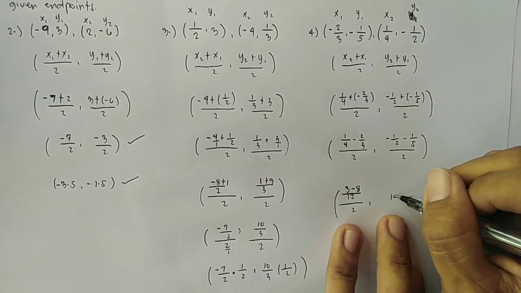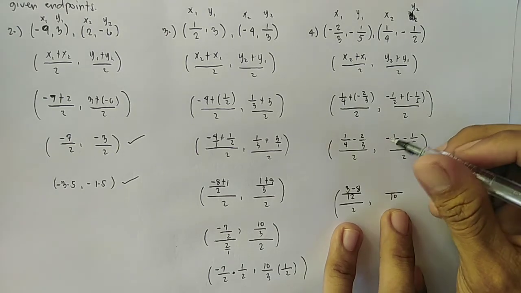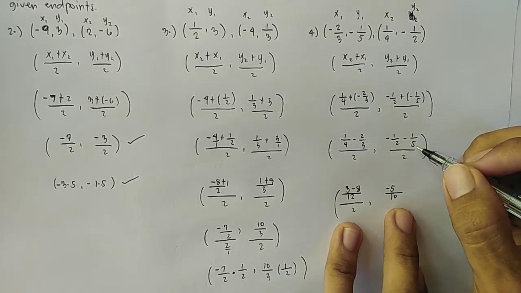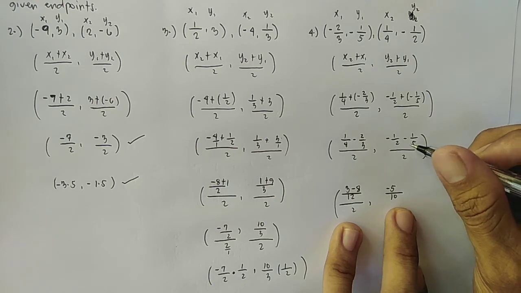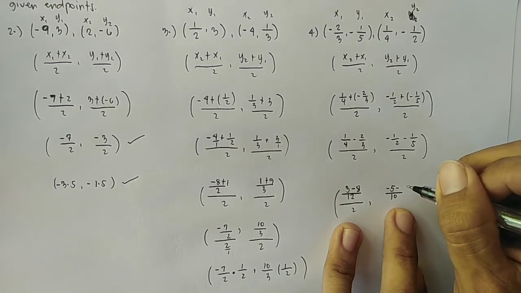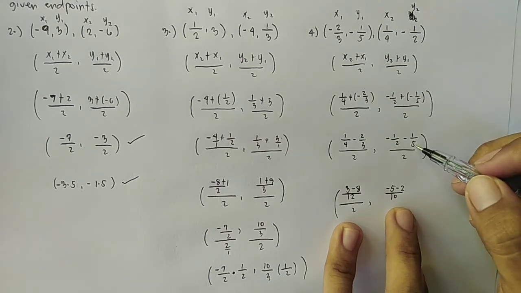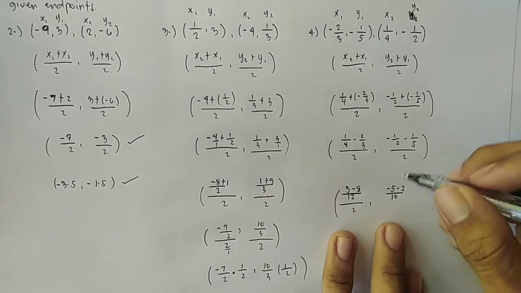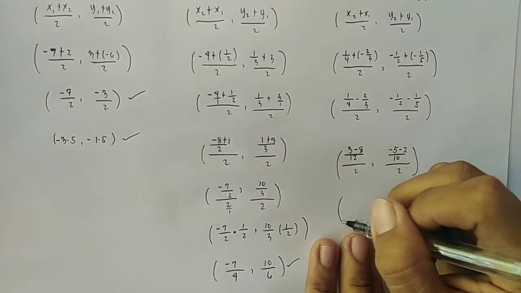So 10 divided by 2 is 5, times negative 1, that is negative 5. 10 divided by 5 is 2, then 2 times negative 1, that is negative 2. All over 2.